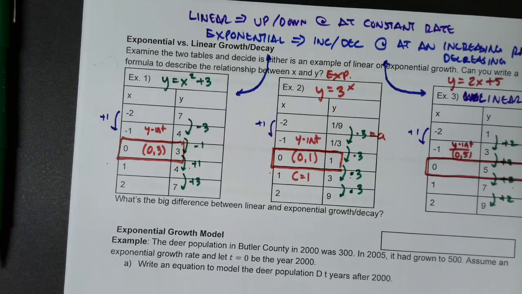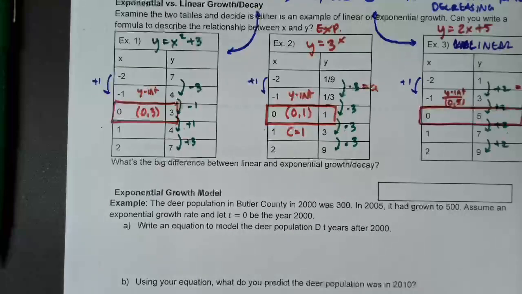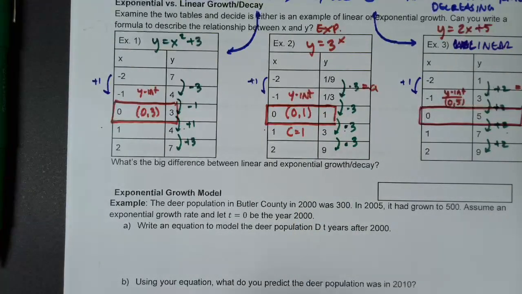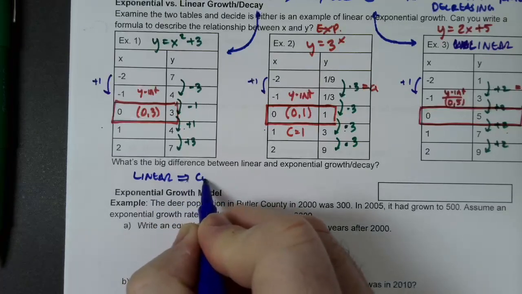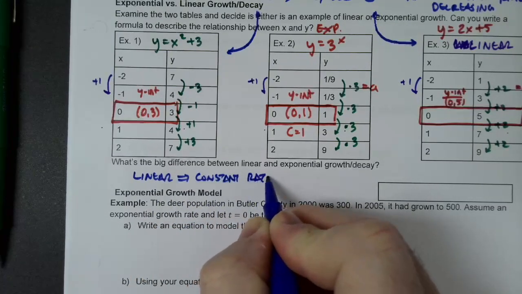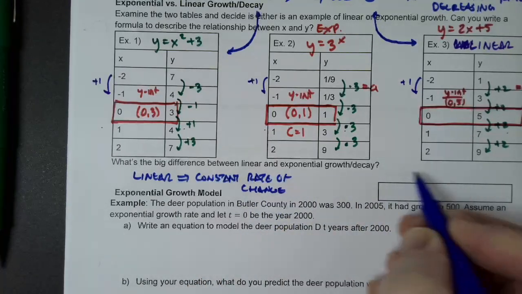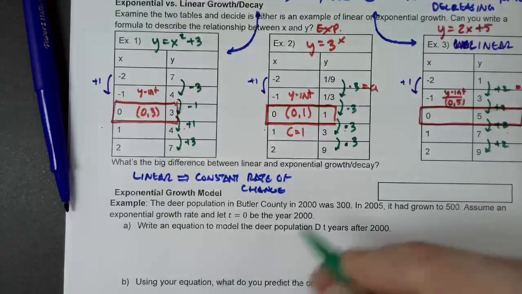All right. So again, the big difference here that I wanted to point out was between these two, that linear, we always have that constant rate of change, as opposed to the exponential growth or decay.